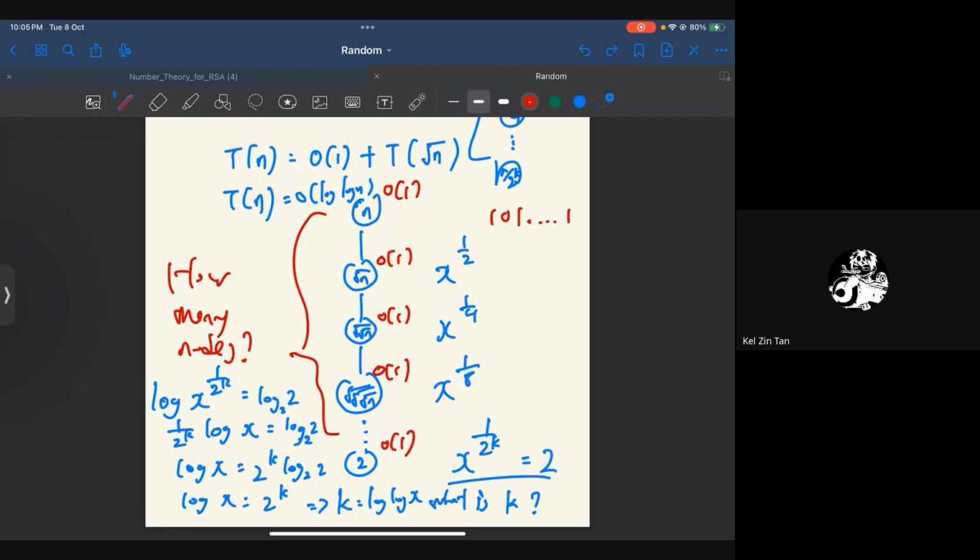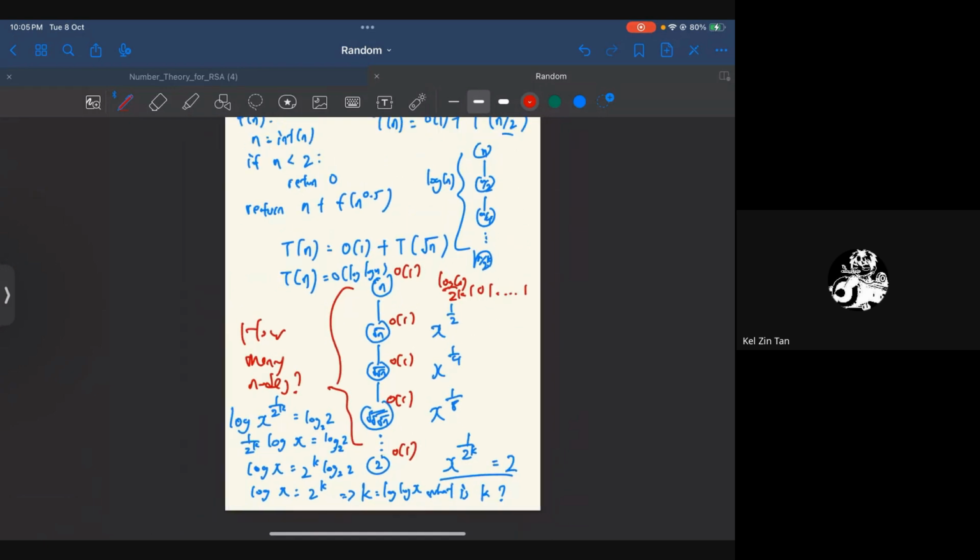Because the binary length is log n, and you decrease this by half every time, you can also get the same result that Tn is equal to log n. Okay, yeah. So any questions?